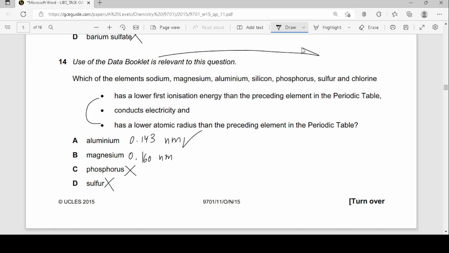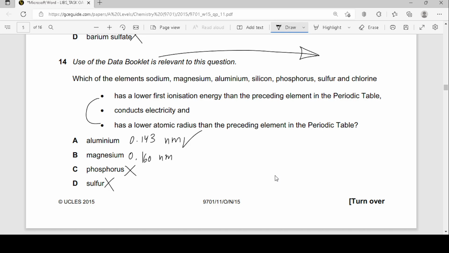You know the general trend in a period is that the number of valence shell electrons is increasing, right? So then your atomic radius gets smaller and smaller, right? So what does that mean?